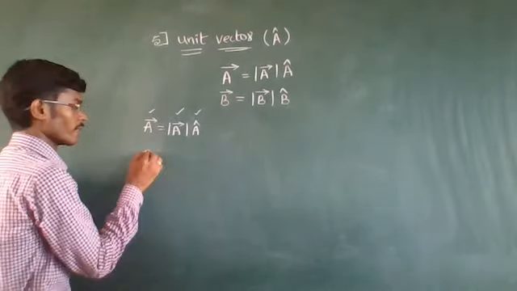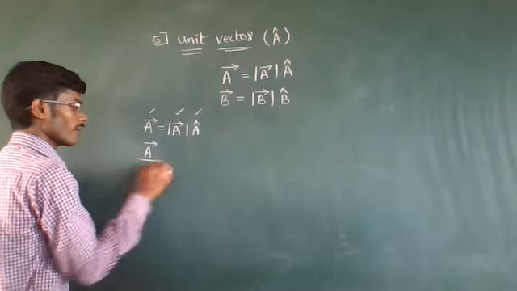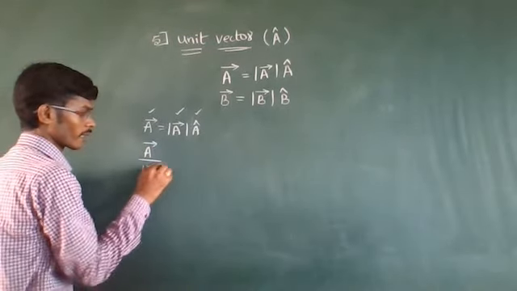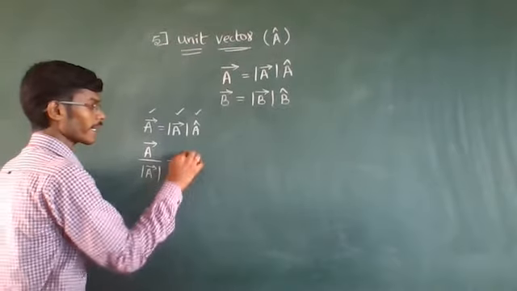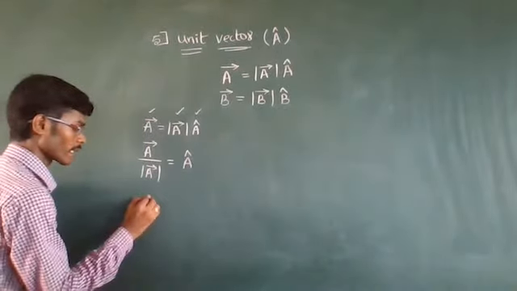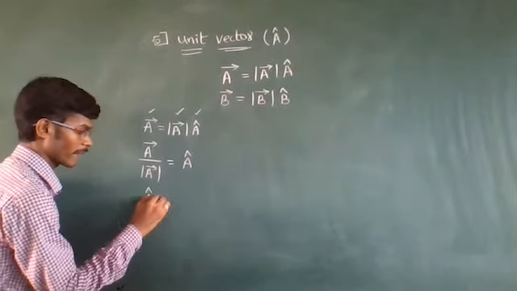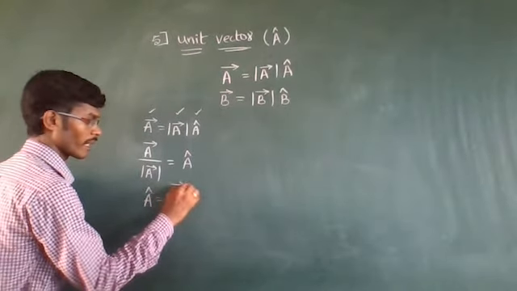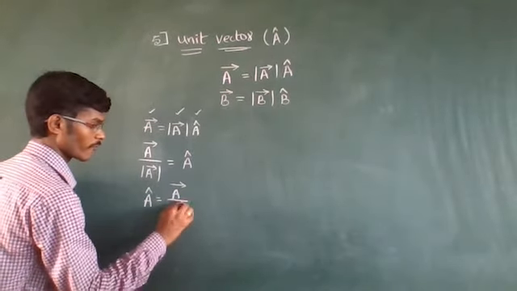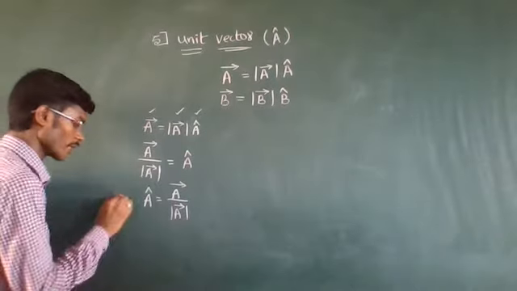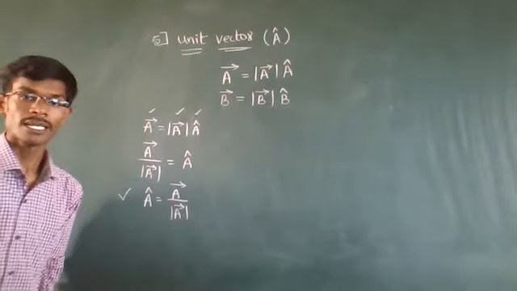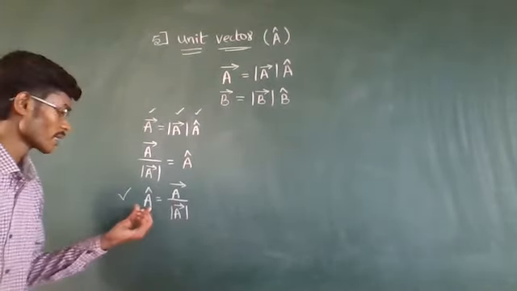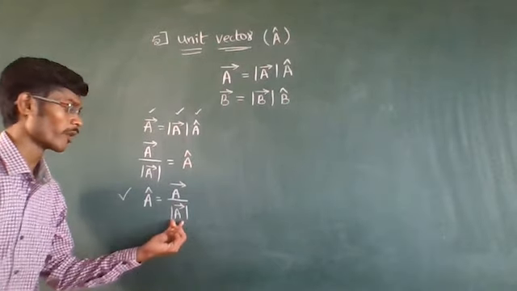Then if we divide A bar by modulus of A bar, it is equal to A cap. So we can rewrite this as A cap is equal to A bar by modulus of A bar. The unit vector along A bar vector is known as A cap, equal to A bar by modulus of A bar.